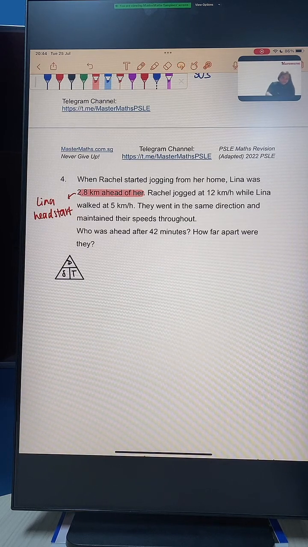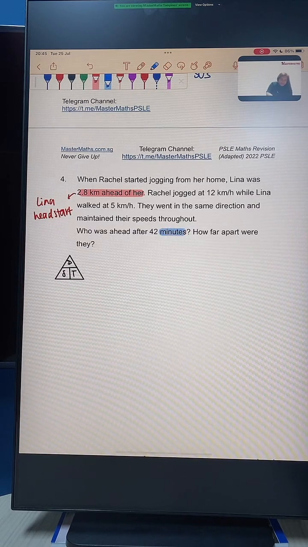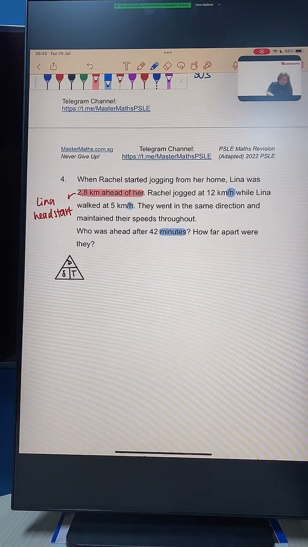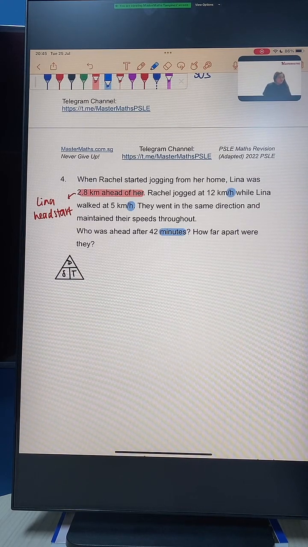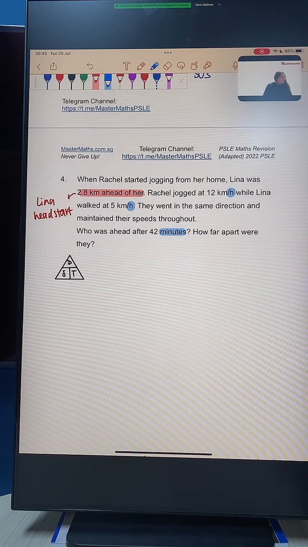Now, I hope all of you have realized this as well, we have 42 minutes versus 12 kilometers per hour and 5 kilometers per hour. I have minutes, I have hour. What do you think we should do first? Anybody knows? I have minutes, I have hour. What do you think I should do first?